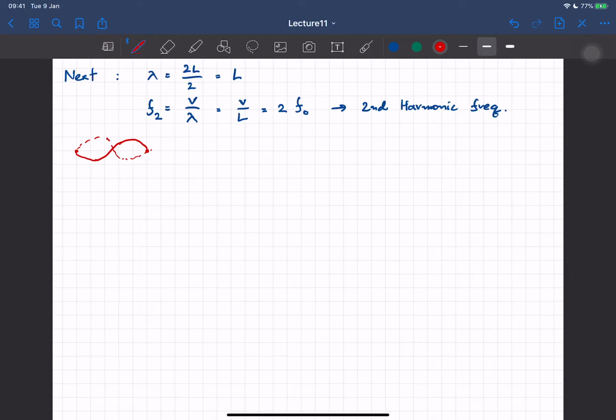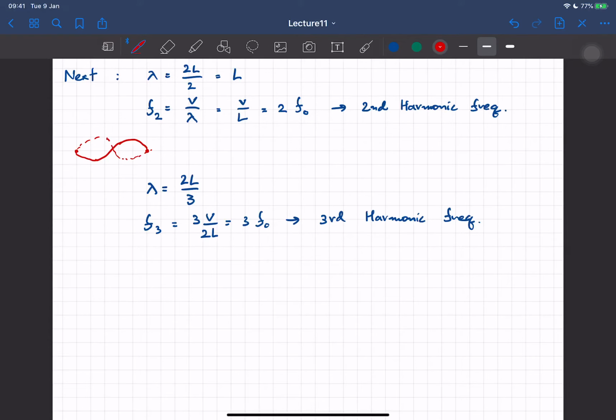And then for the next one we have the third harmonic, and you can already see the pattern. So lambda is going to be 2L over 3, and f3 is going to be 3v over 2L, which is 3 times the fundamental frequency. Again, this is called the third harmonic frequency.